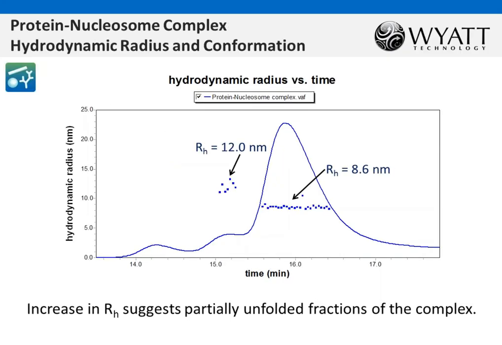In this protein nucleosome complex, dynamic light scattering reveals a hydrodynamic size increase for the second peak in the chromatogram, which indicates a partial unfolding of the complex and simultaneous presence of multiple conformations of the same molecule.